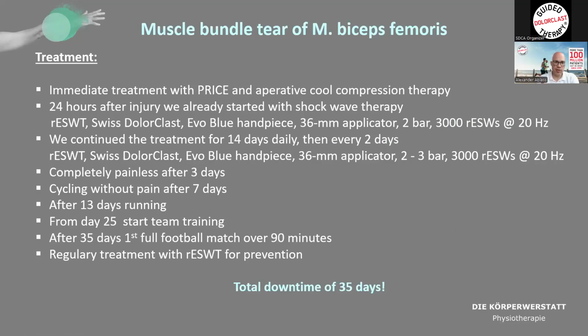We could increase to cycling after 7 days, to running after 13 days. This is the way we always increase the load depending on the pain reaction. Whenever something is pain-free, he's allowed to do it. Total downtime in this case, 35 days until able to play 90 minutes in the first league.